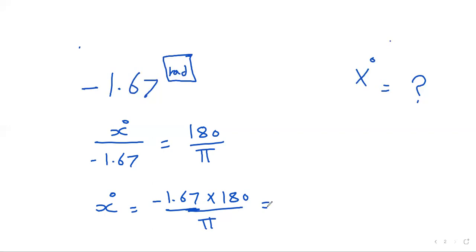Quickly. Negative 95. Negative 95 what? Click comma. Negative 95 degrees, 41 minutes and 2.23 seconds.